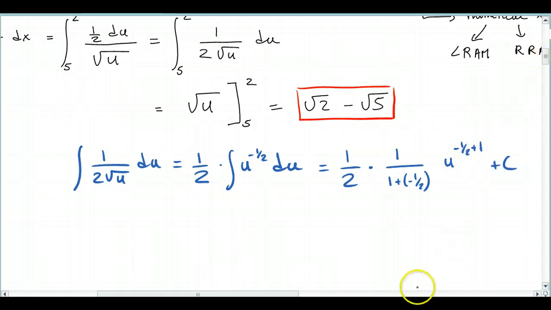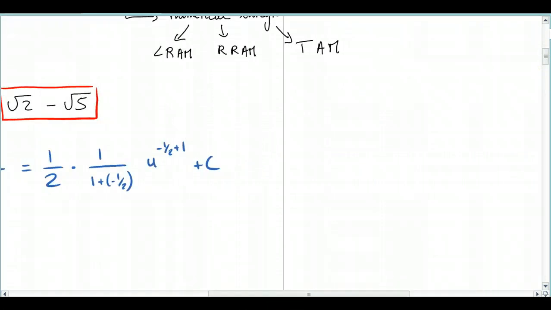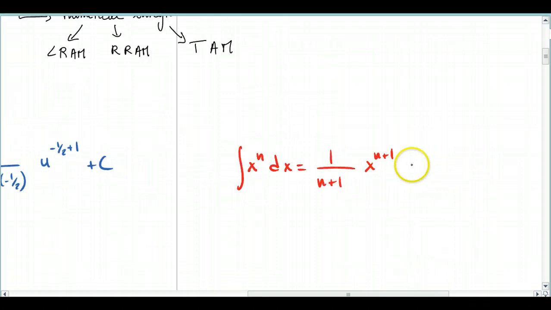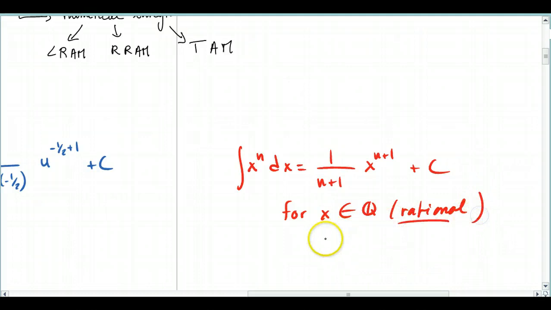The only formula is this one: the integral of x to the n dx is 1 over n plus 1 times x to the n plus 1, plus c, for n in Q, meaning negative values are allowed, and of course n cannot be equal to -1. That's what we've just been studying lately, the logarithmic function.